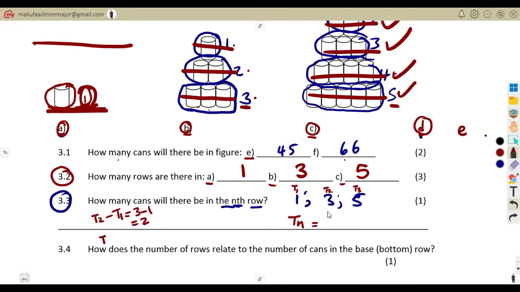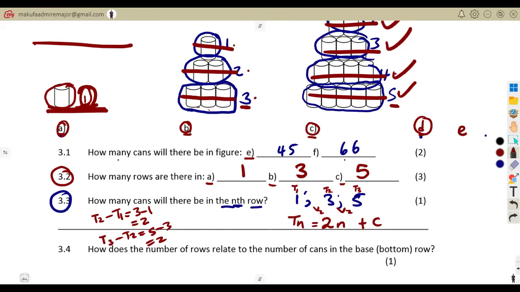You do the same thing, T3 minus T2, that is 5 minus 3, which gives us 2. There is the same difference of 2 there. So Tn is equal to 2n plus what? Plus C, where you need to find the value of C.